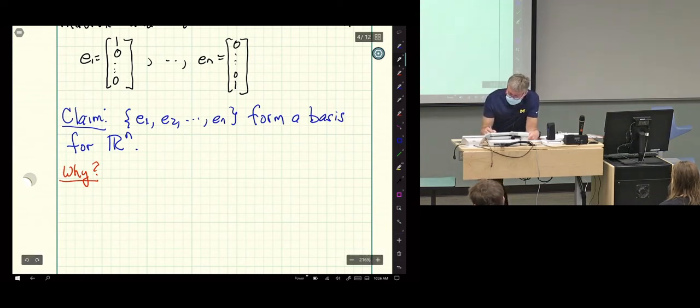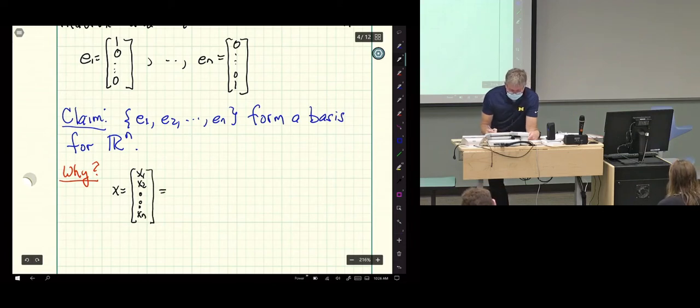So let's just write x in terms of its components. Can we write x as a linear combination of those guys? Yeah, I can do x.